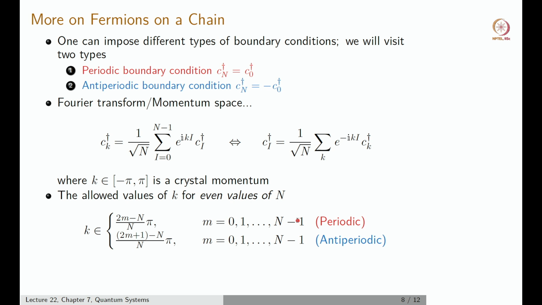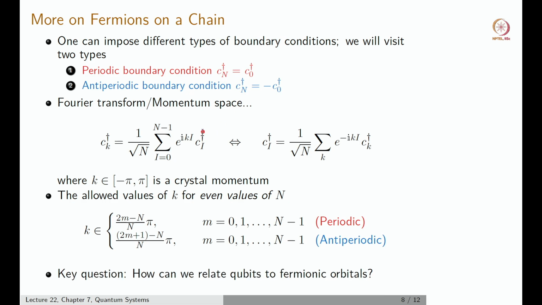If instead the boundary conditions are anti-periodic, then, choosing n even, which is important, you will see the allowed values of k are given by these quantities, and that will ensure that e to the ikn when n is even is -1. That is this anti-periodic boundary condition. So we have now managed to define operators that create particles with a given momentum, and what the boundary conditions will enforce for you are the allowed values of those momentum k. I hope this is clear to you.